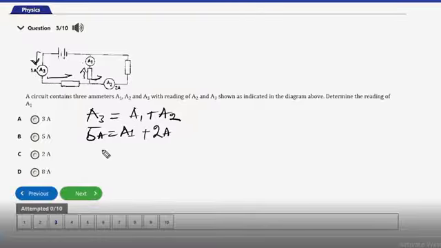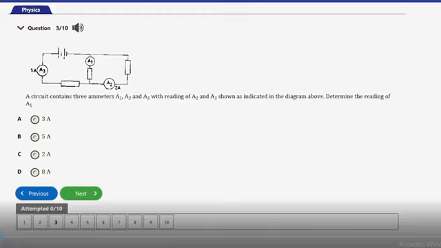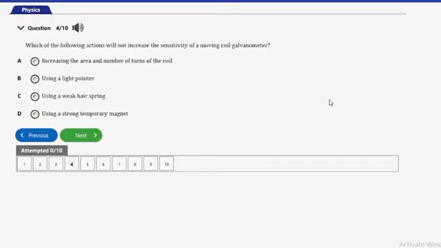So guys, in this case, A1 will be 5 minus 2, which is 3 amps. So that's option A here, guys. That's option A. And that's the answer to this question. So let's go ahead and consider the next question, guys. So that's question number 4 here.